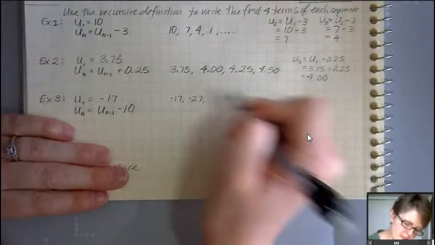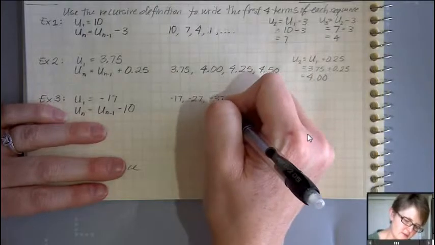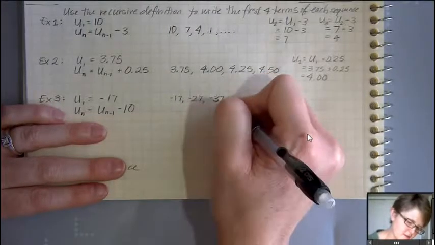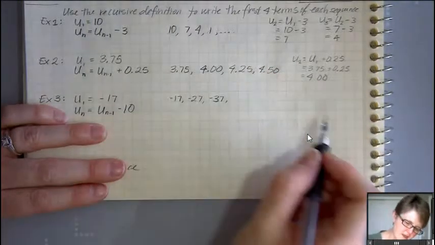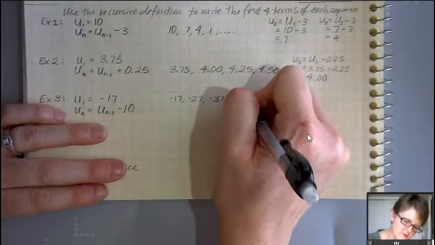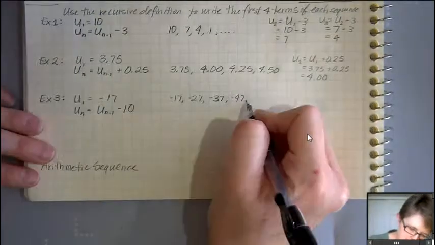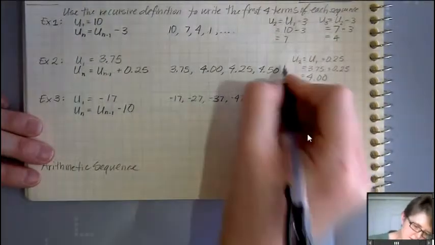It's like we're in debt to somebody, and that debt keeps growing and growing. Okay, so then take another 10 away, negative 47. Okay, so then dot, dot, dot. Okay, so these are the first 4 terms of this sequence.